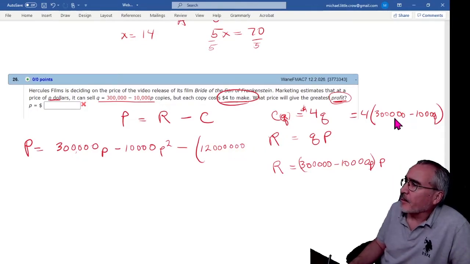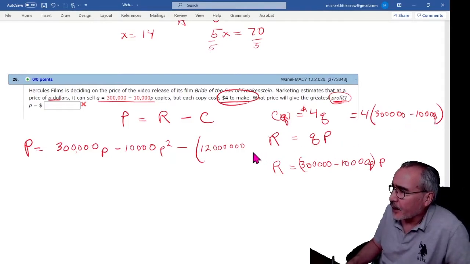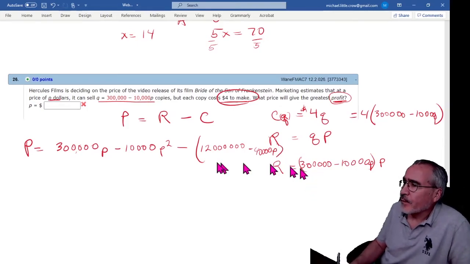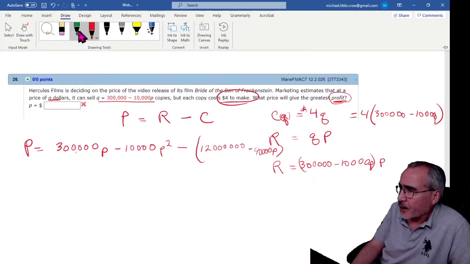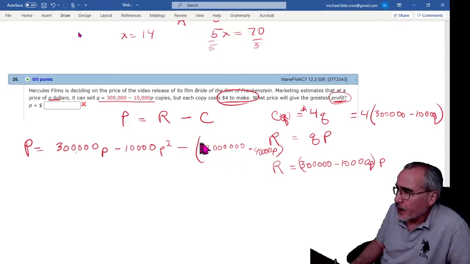And then 4 times negative 10,000 is negative 40,000 P. We can distribute this negative, so this will be negative and this will become positive.